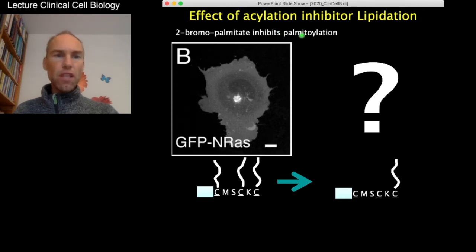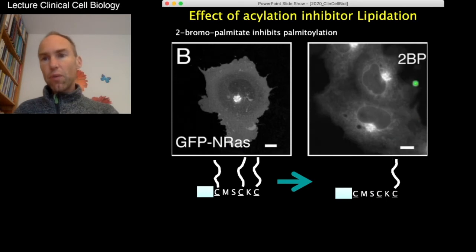And as we have seen, the palmitoylation is reversible. So if we start inhibiting, what will happen with this NRAS molecule that has 3 lipid anchors, when you use the inhibitor, only the prenyl tail will remain. And now the question, of course, is what will happen? How will the localization look like?